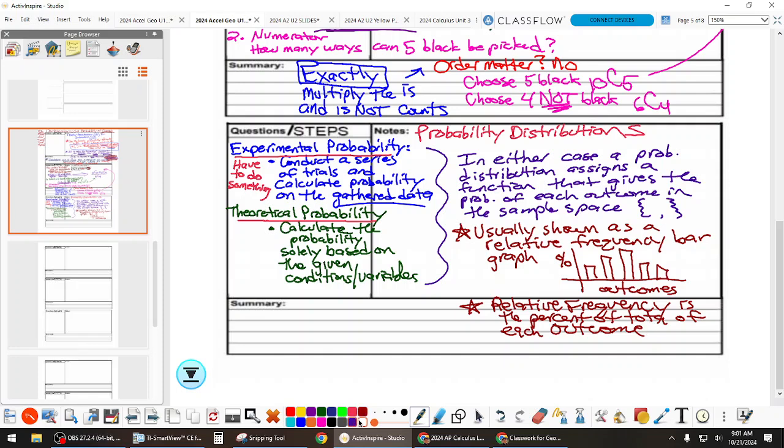And last thing. The shape of the probability distribution is a description of where most of the data lies.